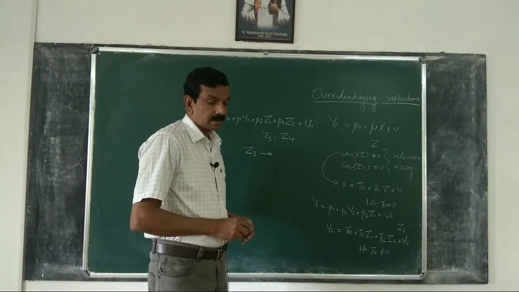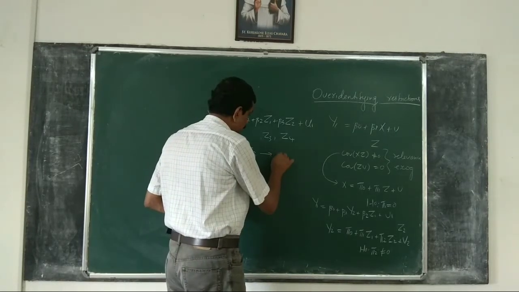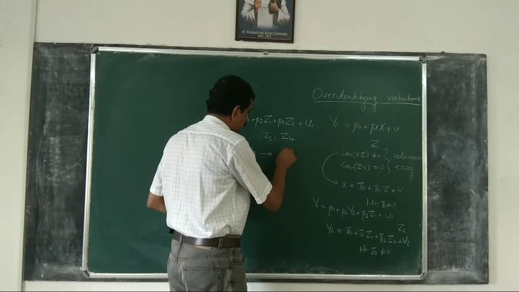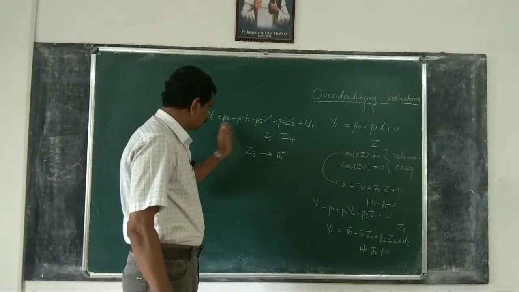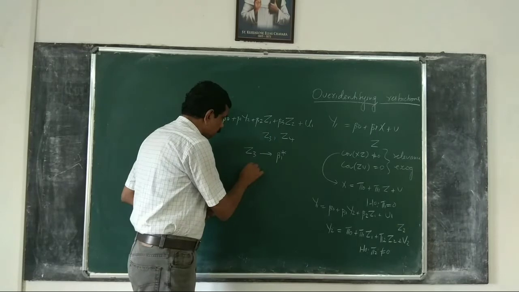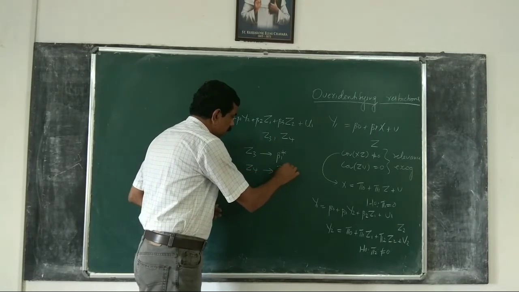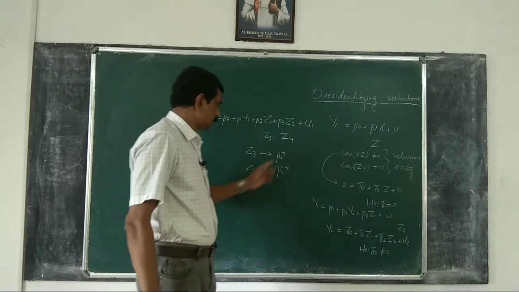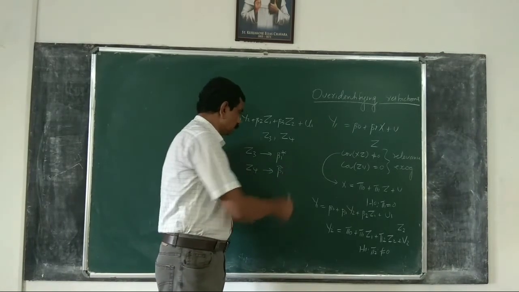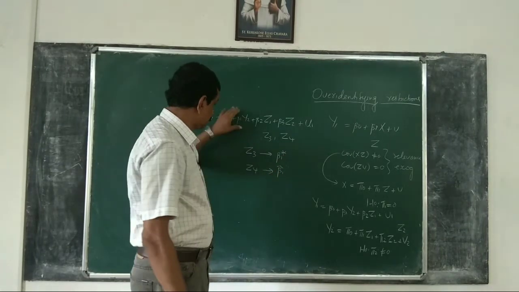Suppose that the estimator so obtained is beta star 1. We can also estimate this using z4 only and call this beta tilde 1.